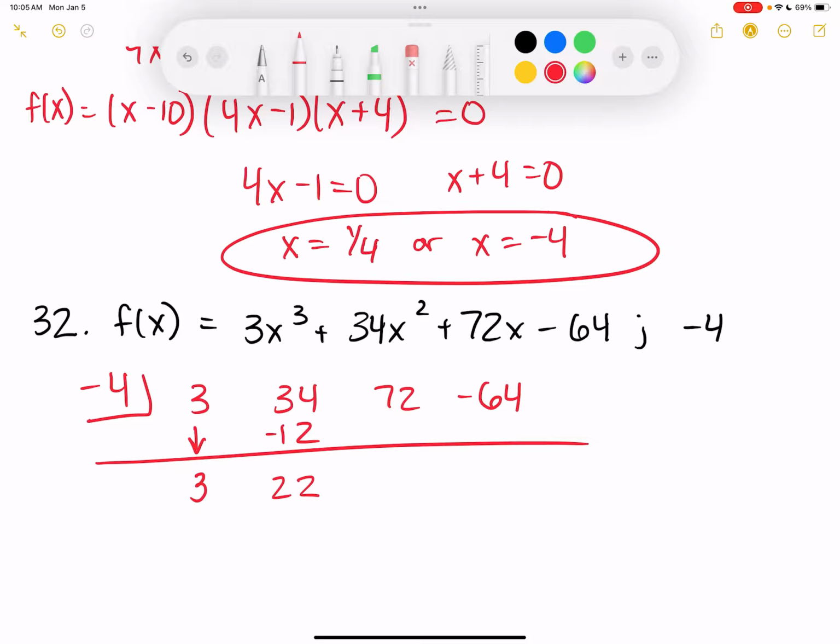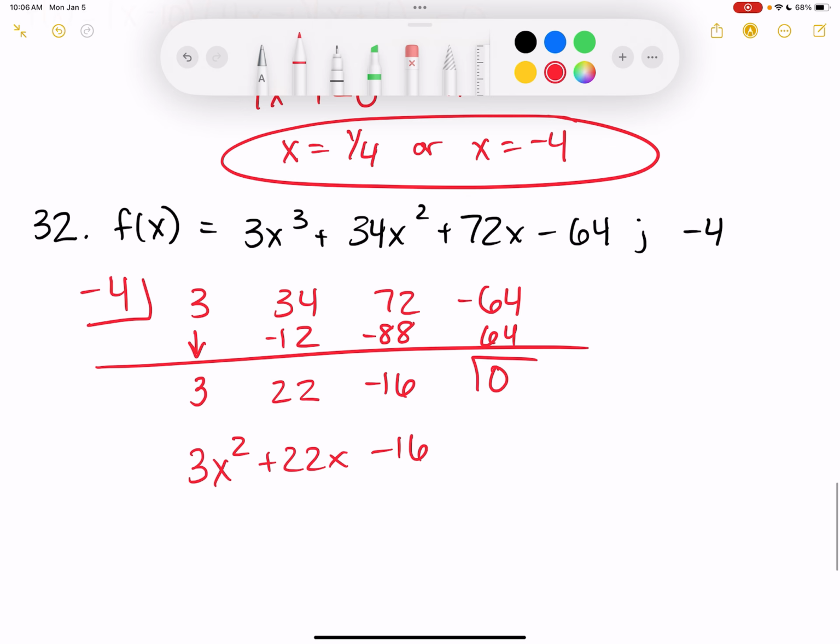Times negative 4 is negative 88. Plus 72 is negative 16. Times negative 4 is positive 64. Minus 64 is 0. So I confirm that that's a 0. I'm left with 3x squared plus 22x minus 16, times x plus 4.